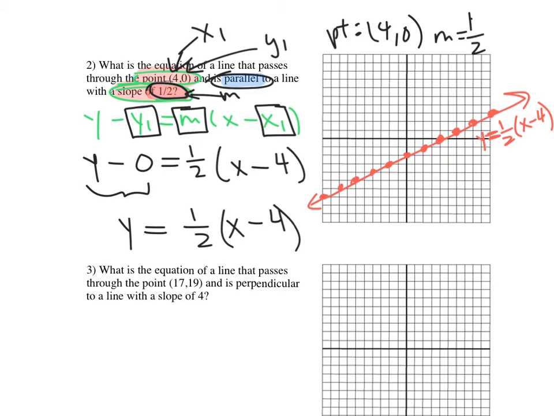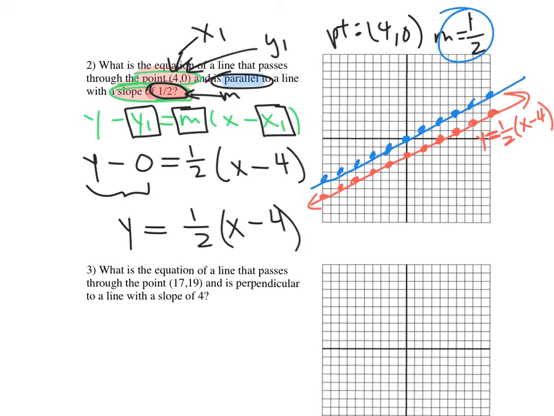So we write an equation of the line that passes through the point (4, 0) and is parallel with the slope. I could have written any other equation that would have been parallel. I could have started at the origin and included the same slope of 1/2, where I'd go up 1 over 2, up 1 over 2. And these would still be parallel because they have the exact same slope.